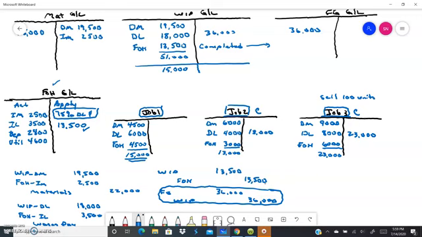And let's say job 3 we made a total of 1,000 units. So if we made 1,000 units of job 3 and our total cost was 23,000, that means that each unit costs $23. So that's our cost per unit.